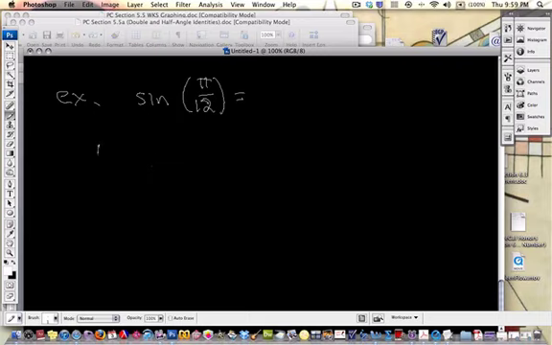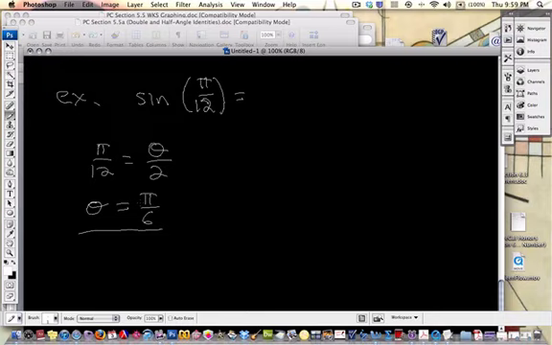So I'm going to think of pi over 12 as some other angle divided by 2. If you just solve for theta, you see my theta is 2 pi over 12, which is pi over 6. If you do a little algebra there, if you want to pause and figure that out, go for it. But your theta is pi over 6.